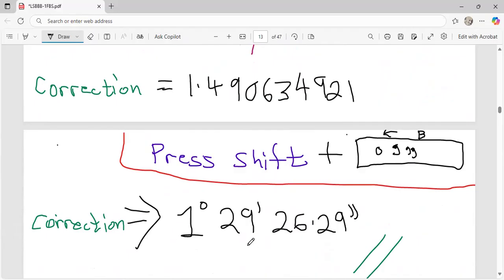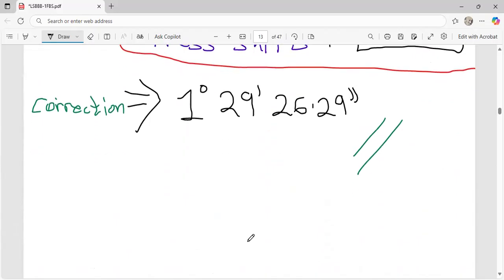So each angle is supposed to be corrected by 1 degree, 29 minutes, 26.29 seconds. So we can say that this is our final answer.